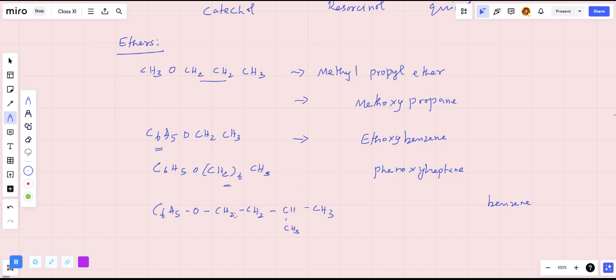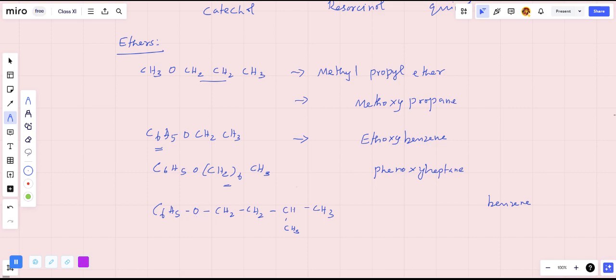So here this is a branched compound. 1, 2, 3, 4 carbon. So in the second carbon, methyl group is attached. Okay. No, wait, this side only. Because here it is attached with this ether, it should get the low number.